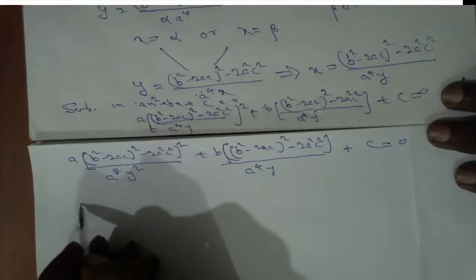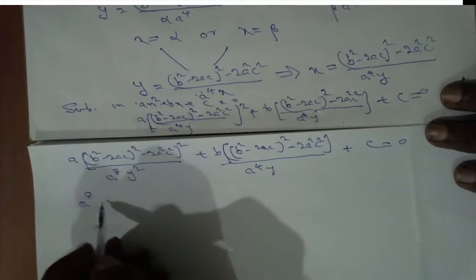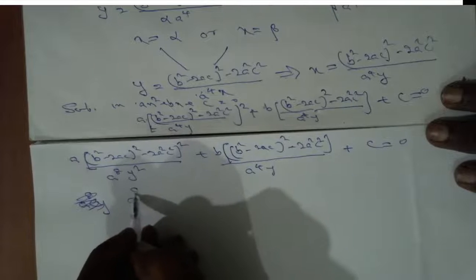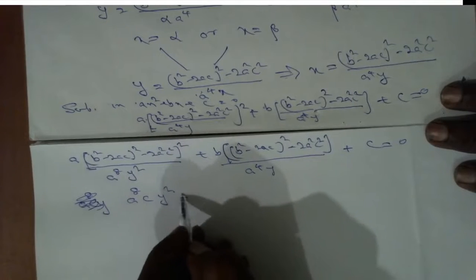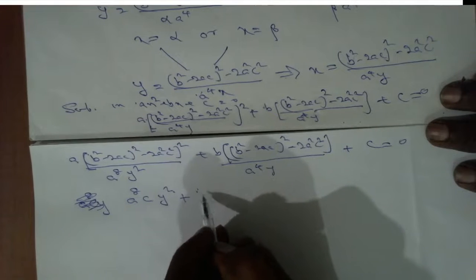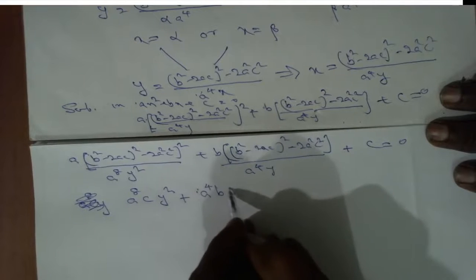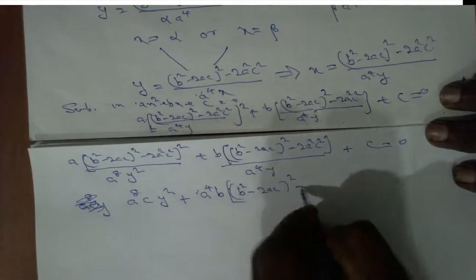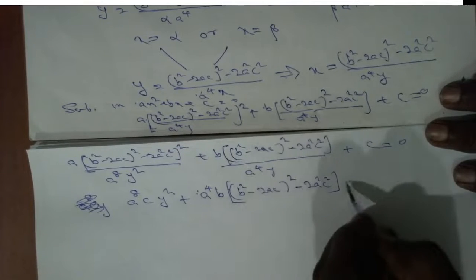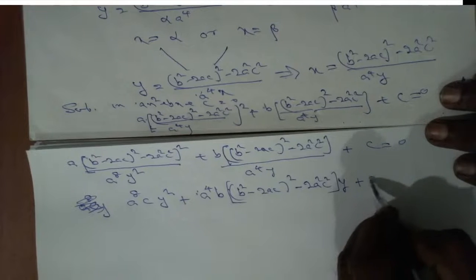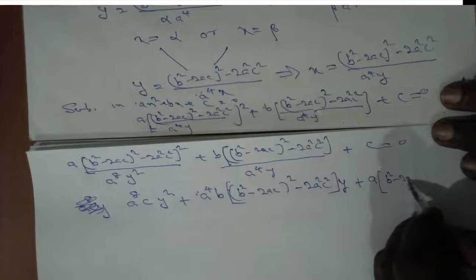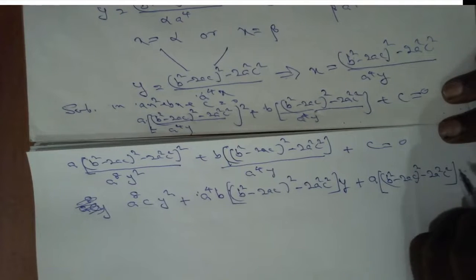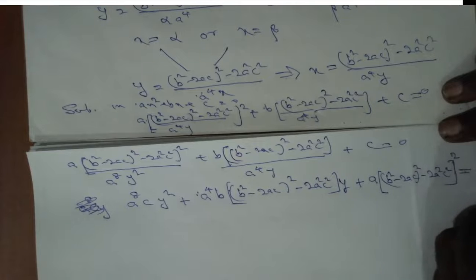Now you have a to the power of 8 cy squared plus a to the 4 b times b squared minus 2ac whole thing squared minus 2a squared c squared y plus a times b squared minus 2ac whole thing squared minus 2a squared c squared whole thing squared equals 0.